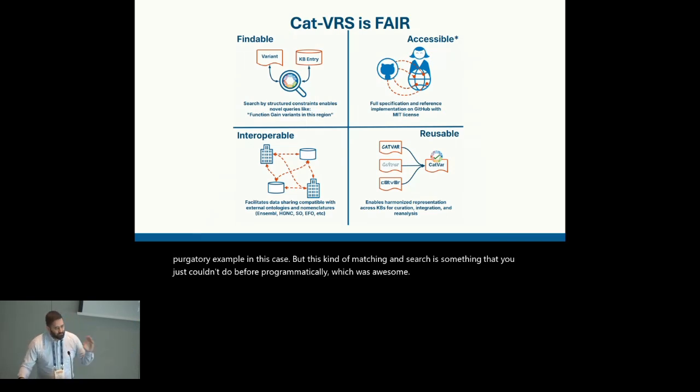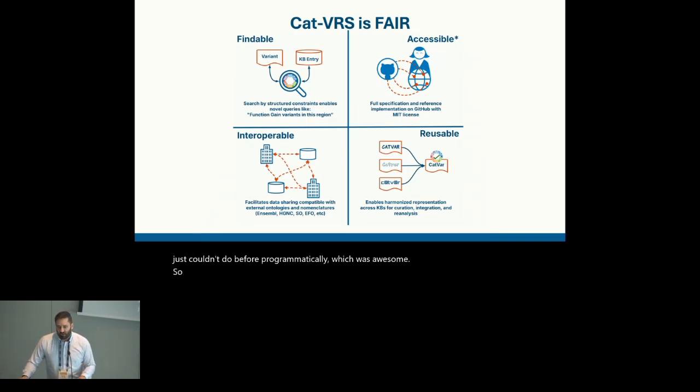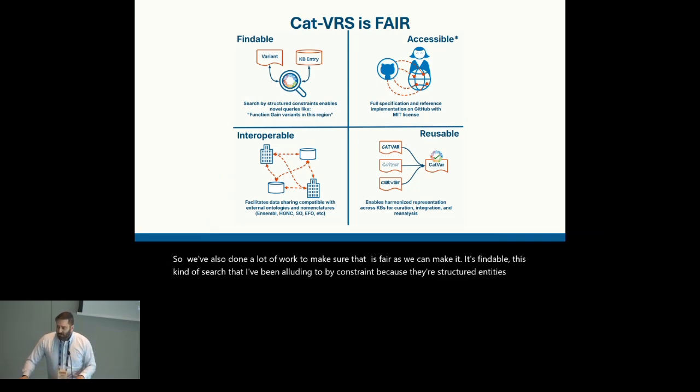So Cat-VRS, we've also done a lot of work to make sure that Cat-VRS is as FAIR as we can make it. It's findable. This kind of search that I've been alluding to by constraint, because they're structured entities, enables entirely new search strategies, which have been very helpful for the people that have started adopting it so far, both for knowledge producers curating their own knowledge bases, as well as knowledge consumers who want to find information on the variants.